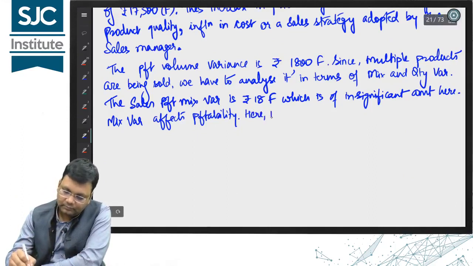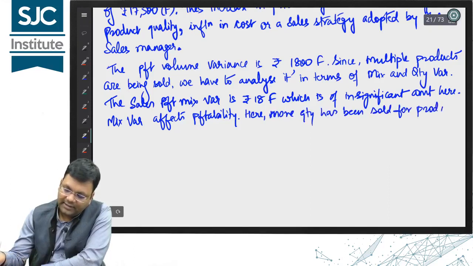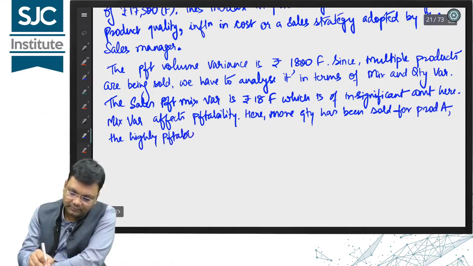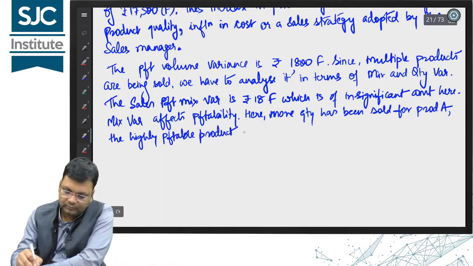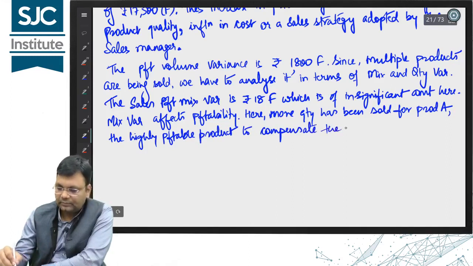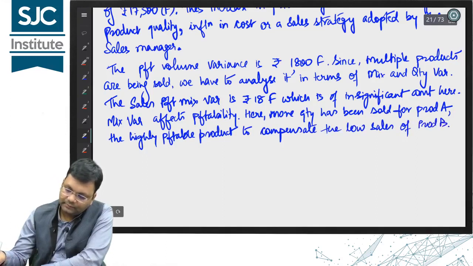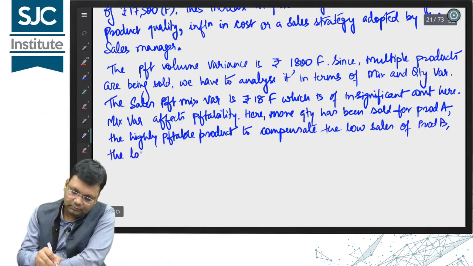Here more quantity has been sold for product A, the highly profitable product, to compensate the low sales of product B, the low profitable product.